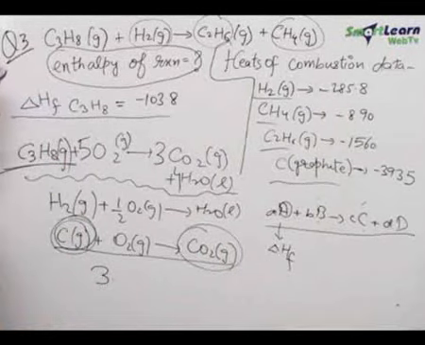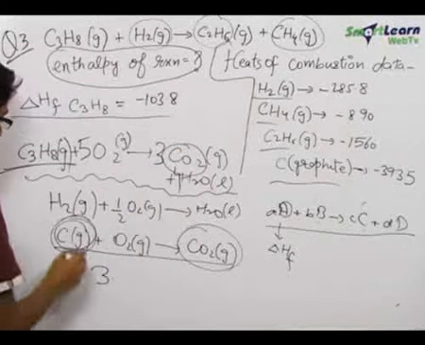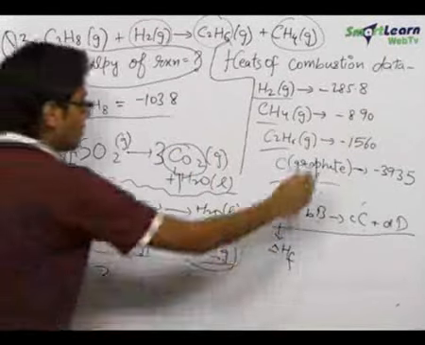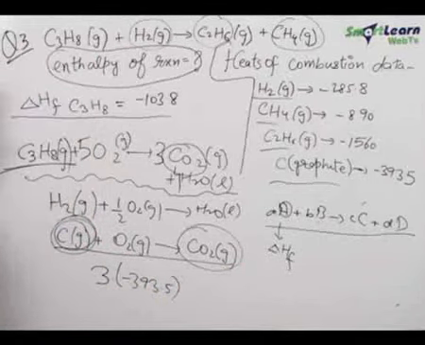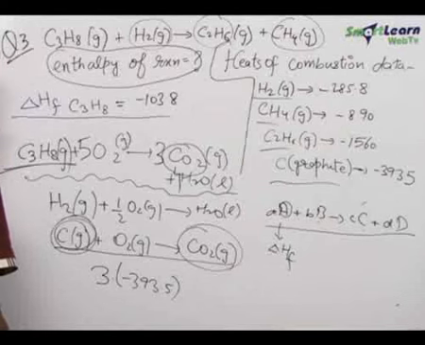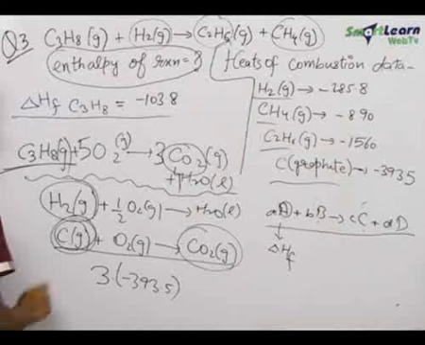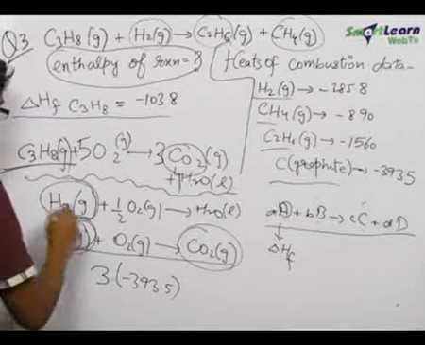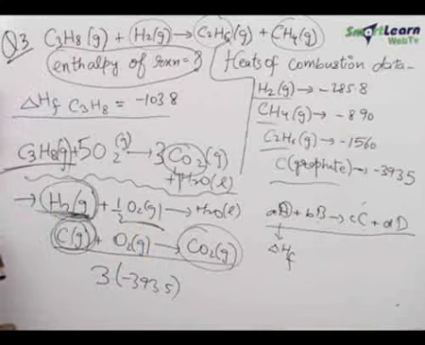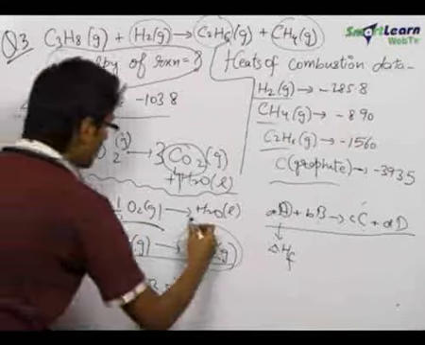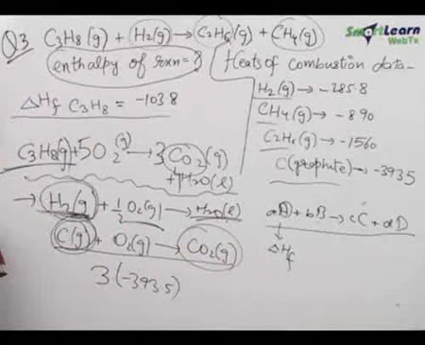Hence 3 into heat of formation of CO2, which is equal to 3 into heat of combustion of carbon, which is equal to minus 393.5, plus 4 into heat of formation of water, which is the same as heat of combustion of hydrogen, because from this reaction, hydrogen is getting reacted with oxygen, which is a combustion reaction, and we are getting the formation of water.